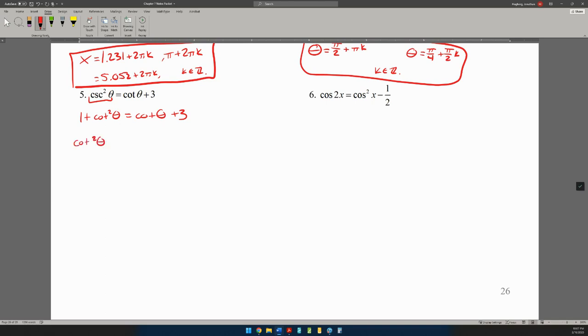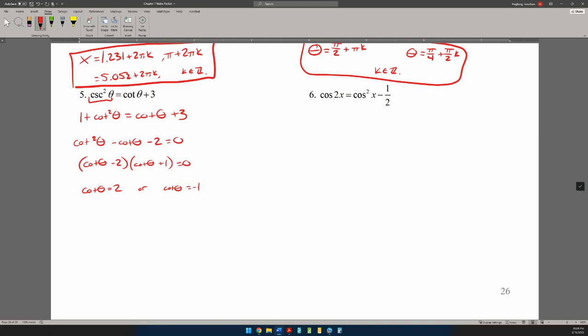Cotangent squared theta, and then minus cotangent of theta minus 2 is equal to 0. And so we get the cotangent of theta minus 2, and the cotangent of theta plus 1 is equal to 0. So we get cotangent of theta is equal to 2, or cotangent of theta is equal to negative 1.